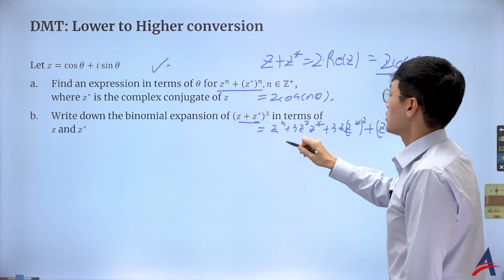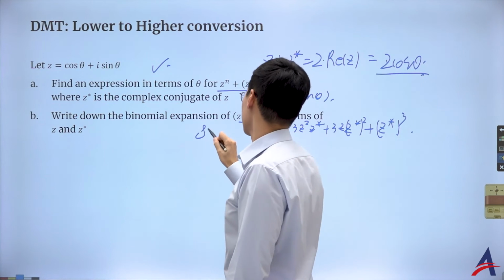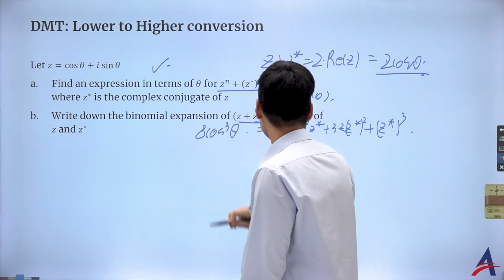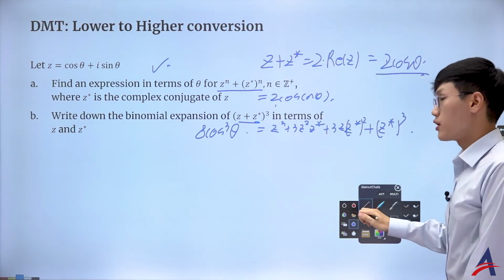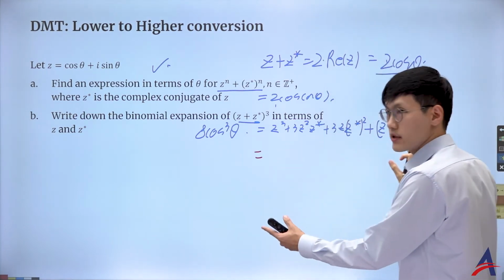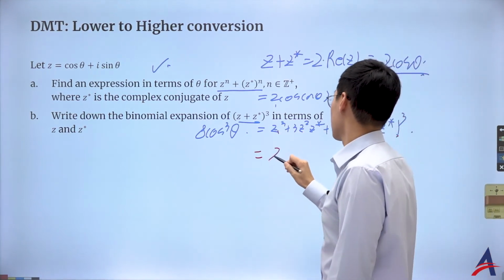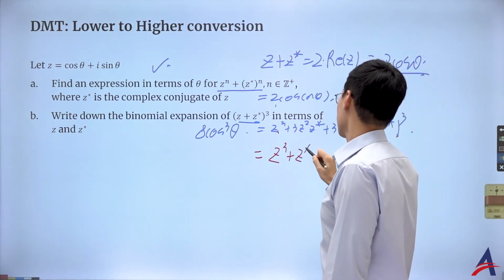And putting that to the power of 3, that's going to be 8 cosine cubed. So that is great. Then, as you can see, what we typically want to do is pair them symmetrically, isn't it? So that's z cubed plus z conjugate cubed.